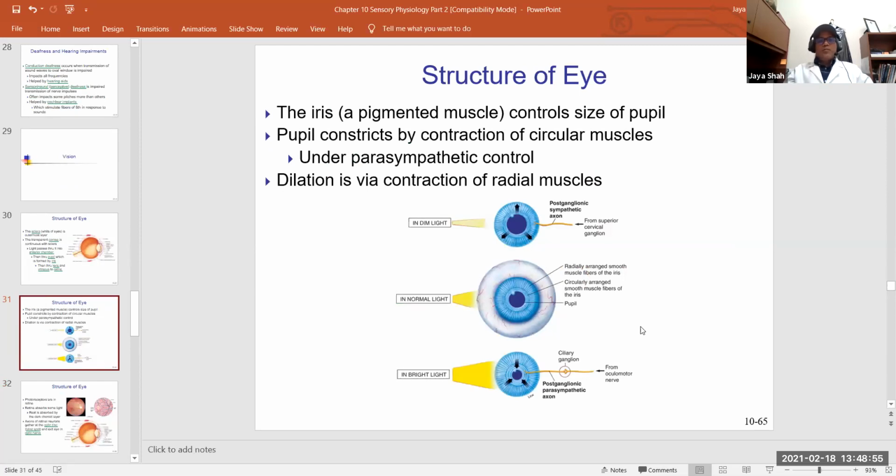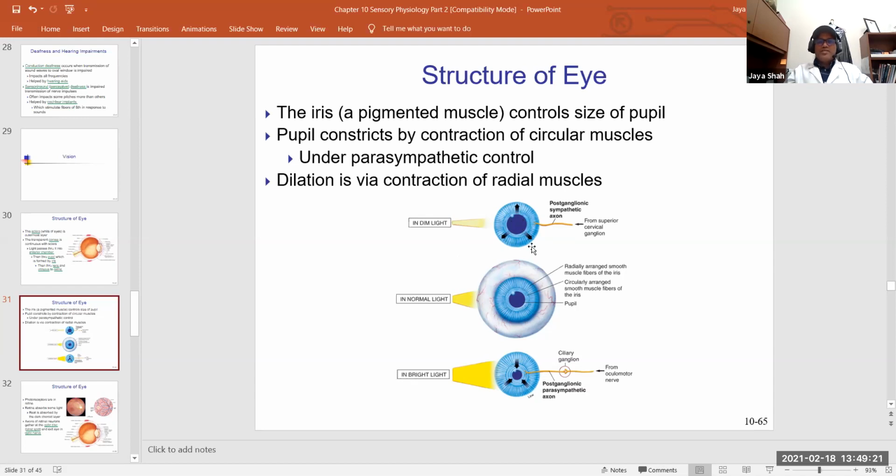Okay. So around the iris there are the intrinsic eye muscles. They are smooth eye muscles. So that is radial eye muscles and circular eye muscles. And these two muscles regulate the size of the pupil. So if there is dim light, then what happens?